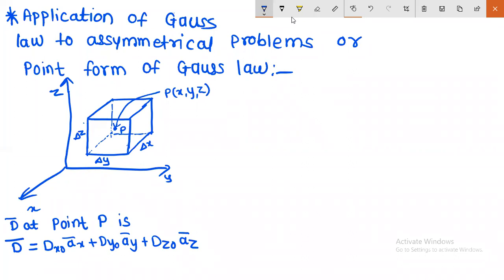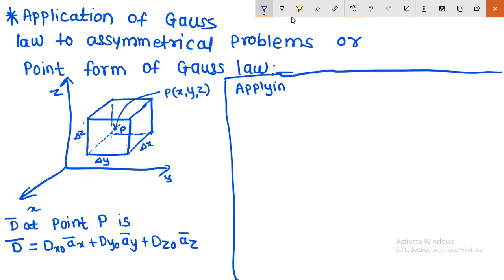Now we have to apply the Gauss law here. So applying Gauss law, what is Gauss law?